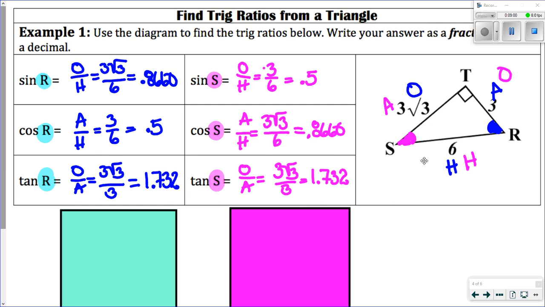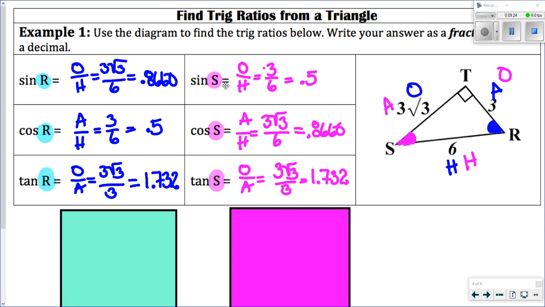Now when you look at the numbers, the fraction or the decimal, what do you notice? You might say that tangent R and tangent S are the same. Yes. And then when you look at sine R versus cosine S, and cosine R versus sine S, you notice that they have the same number.